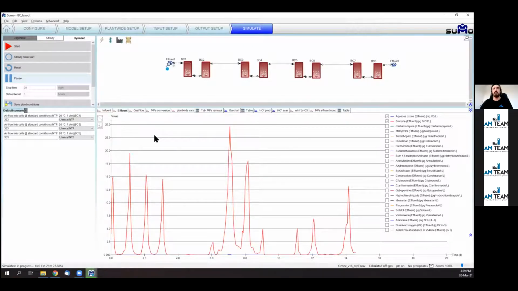Your radicals might live longer, your ozone might live longer, and you might end up with very high peaks of bromate formed, like in this case, up to 25 micrograms per liter.